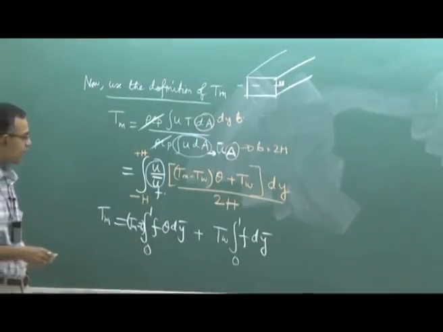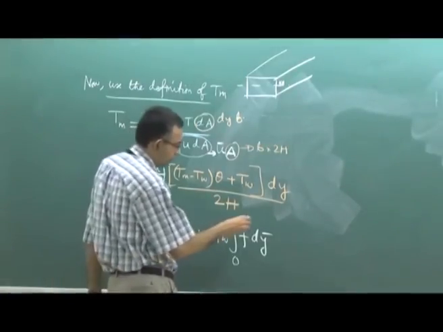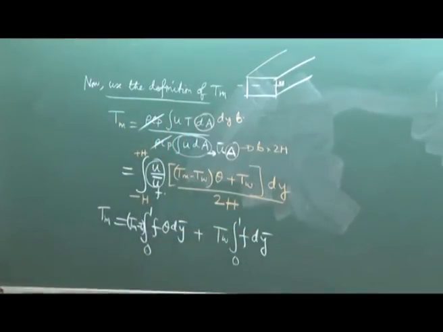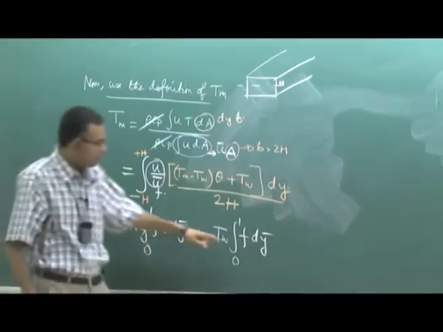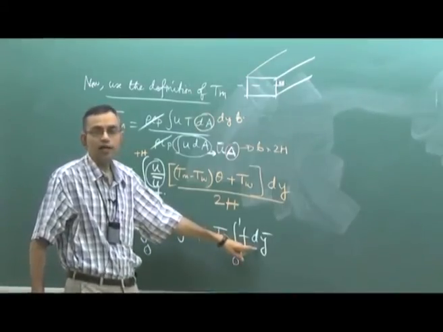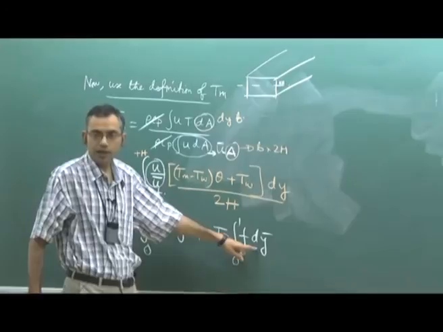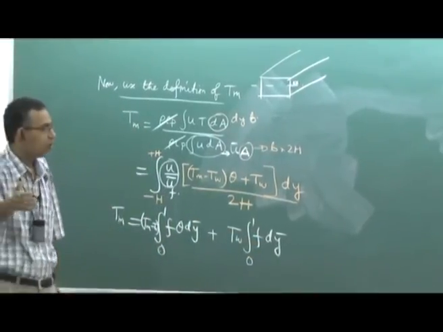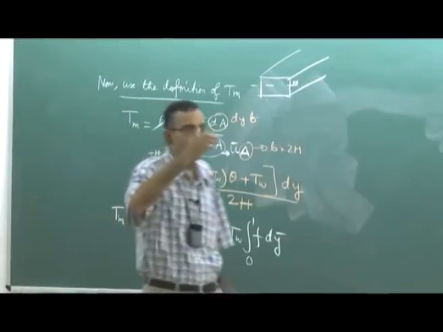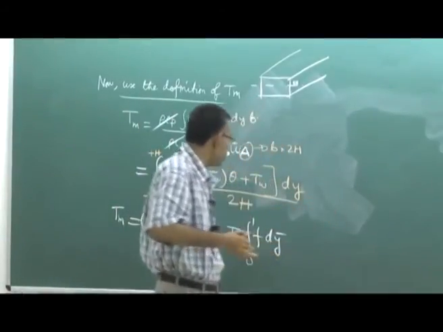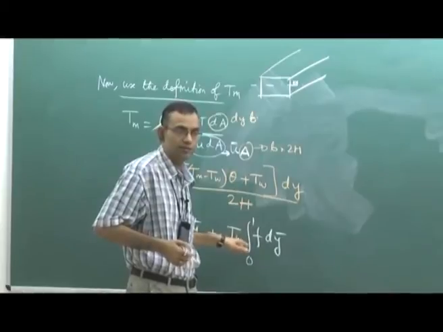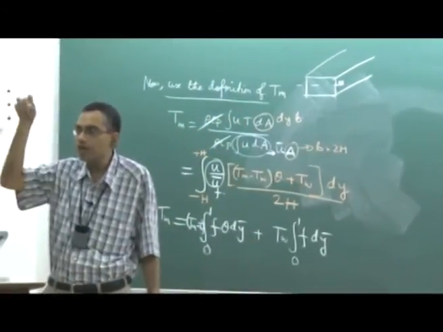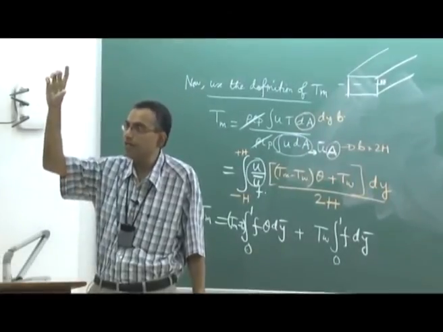If that be the case, can you tell what is the integral of f dy? Non-dimensional. See, f is the velocity profile. So the integral of f dy, non-dimensionally, will become 1 from 0 to 1, because the integral of u dy is u average into the height.